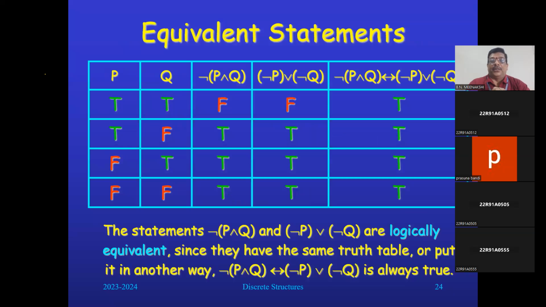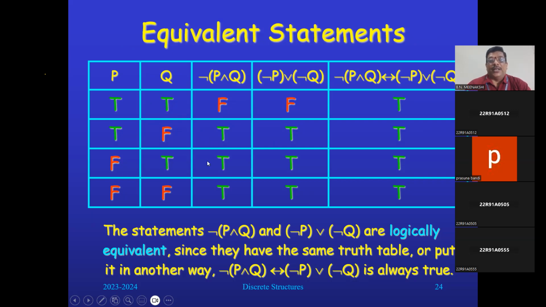So this is an example of an equivalent statement, and this is a tautology. Let there be two propositions P and Q: negation of P intersection Q, negation of P union negation of Q, and negation of P intersection Q double implication negation of P union negation of Q. For P conjunction Q, true and true is true, so its negation is false. Then true and false is false, negation true.